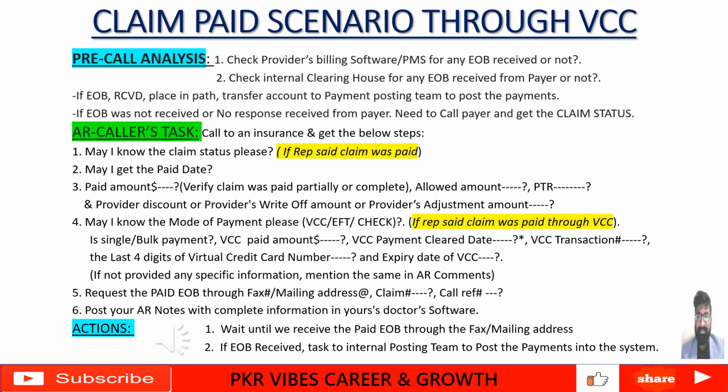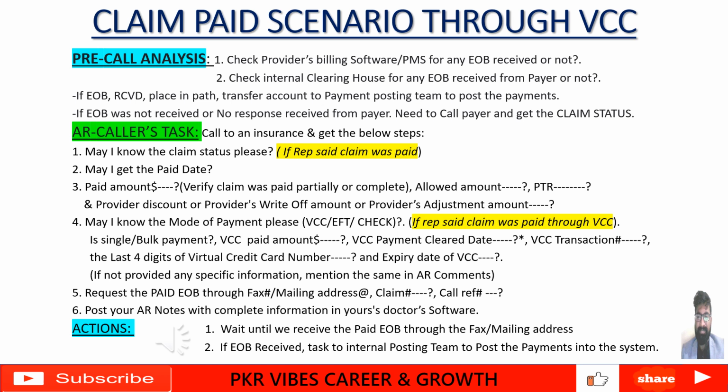For example, you don't have any EOB update, no response from the insurance after you submitted the claim to medical insurance. At that time, you have to call the insurance representative and ask the basic and very standard question: may I know the claim status please? Because you don't have any information on what was submitted to the insurance.